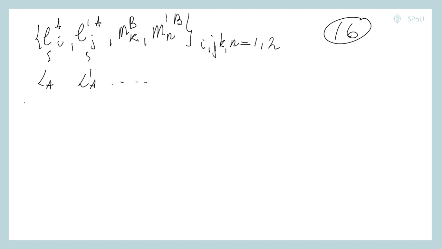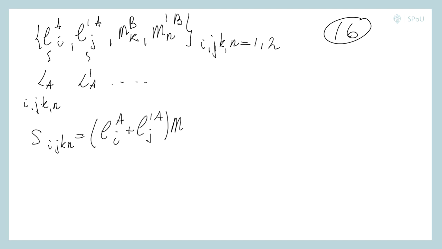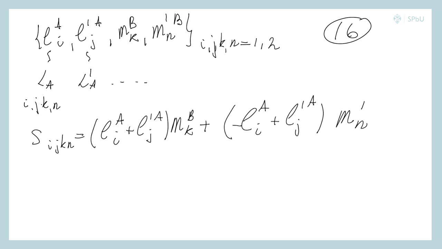For the set with indexes i, j, k, n, the value of S will be S_ijkn equals L_iA plus L'_jA multiplied by M_kB, plus L_iA minus L'_jA multiplied by M'_nB.